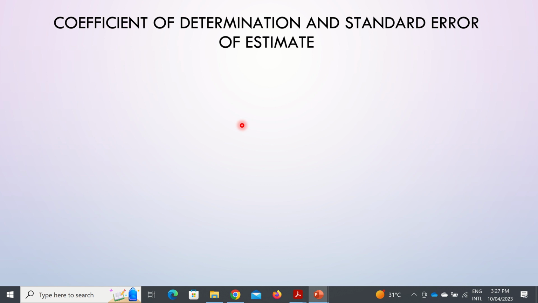If a regression line could properly explain the data, in that case we say that we will be having a higher coefficient of determination. And if it's not explaining properly, in that case we say there will be a strong standard error of estimate. So they are basically used for whether the regression line is explaining the data or not explaining the data properly.